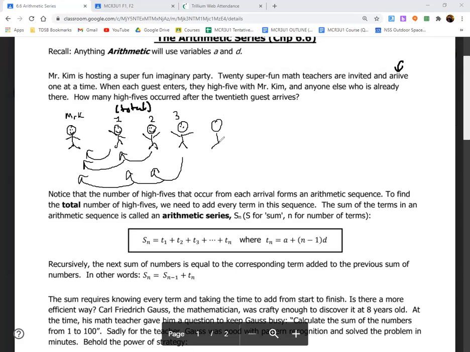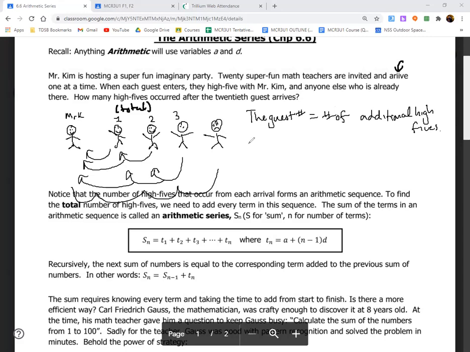And then this person's sad because there's so many high fives to do. 1, 2, 3, and 4. So if you think about it, the guest number is also equal to the number of new, or additional, high fives.